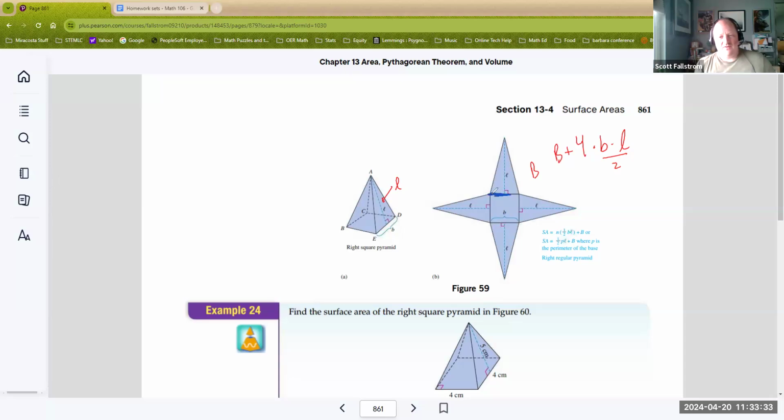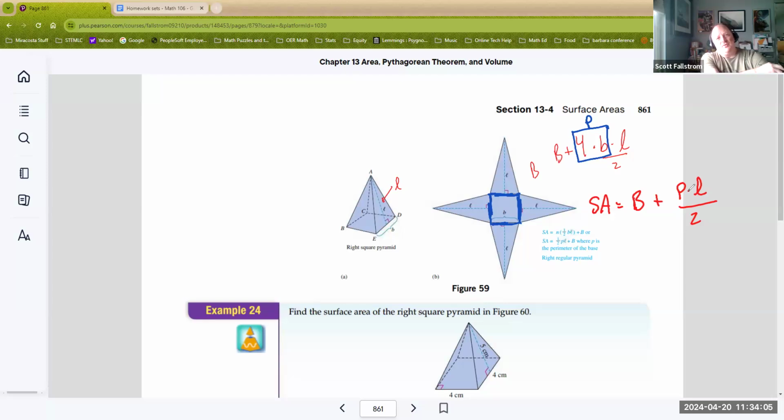If you walk around this shape, right, there is B, there's a B, that's 2 B's, there's 3, that's 3 B's, and going all the way around the shape is 4 B's. So 4 B's, when you see 4 B's, is actually the perimeter of the base. So the overall formula for the surface area of this is base plus the perimeter times the slant height divided by 2.